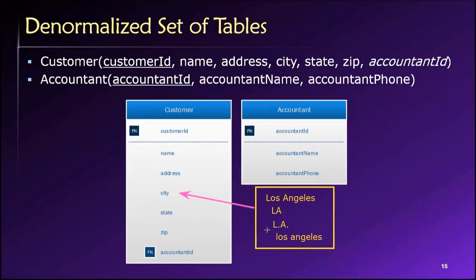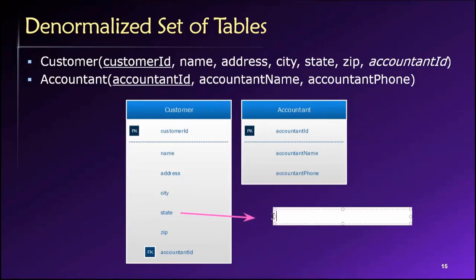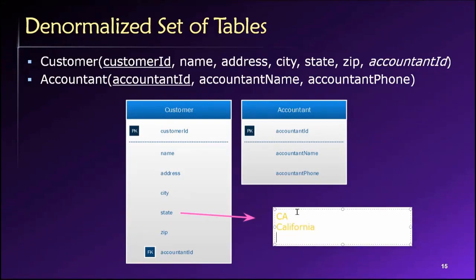The same thing applies to states in this particular example. Somebody out there in the world might type CA for the state, someone else might type California, someone else might type California all lowercase, someone else might type California all uppercase.